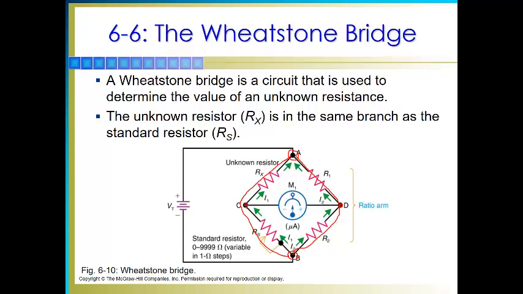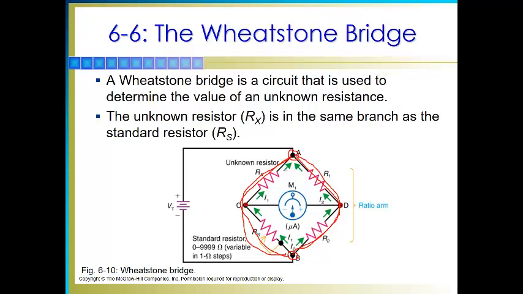When this measurement from here to here, the current here is 0, that means the bridge is balanced. In other words, this branch is equivalent to this other branch. So therefore, the ratios must be the same. So R1 divided by R2 must be the same as Rx divided by Rs.